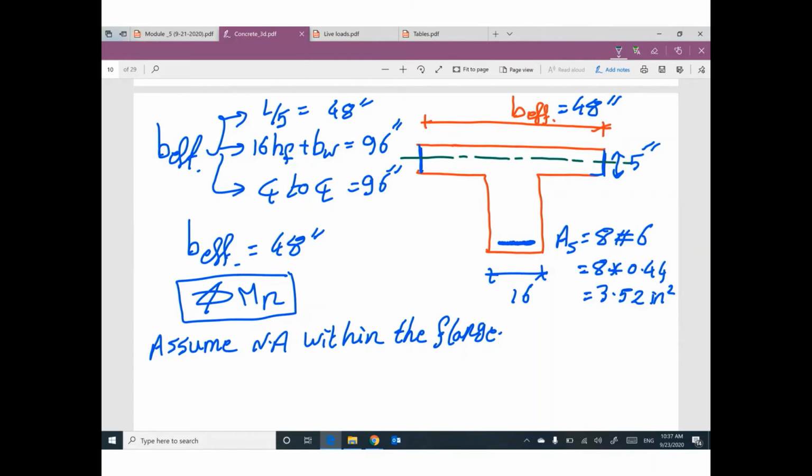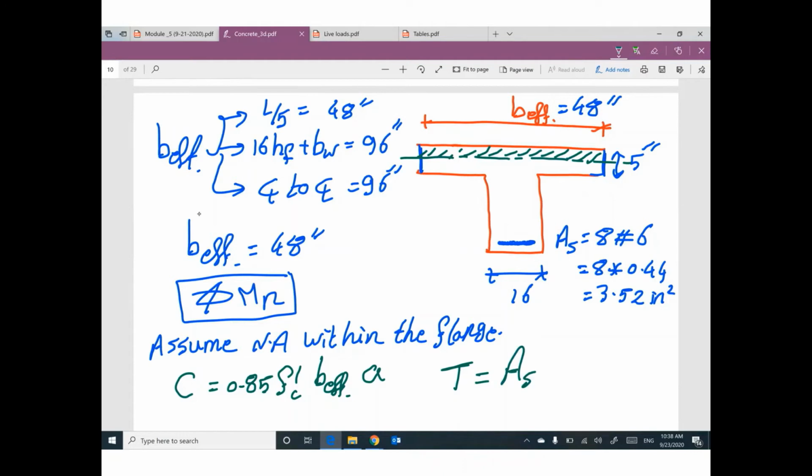So this part will be under compression. Your capital C will be 0.85 F prime C, b effective, A. And capital T, the tension in the steel reinforcement, will be area of steel times F yield.